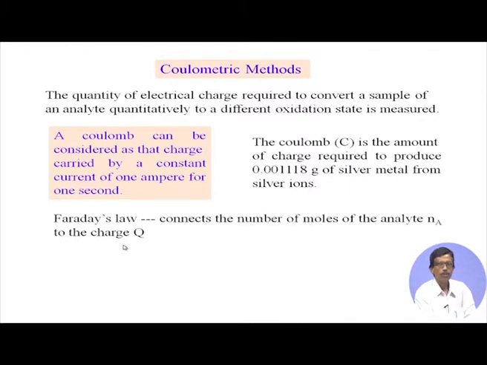So, you have to use Faraday's law to find out the Coulombic charge being passed through the solution. As we know, Faraday's law can connect the number of moles of the analyte.